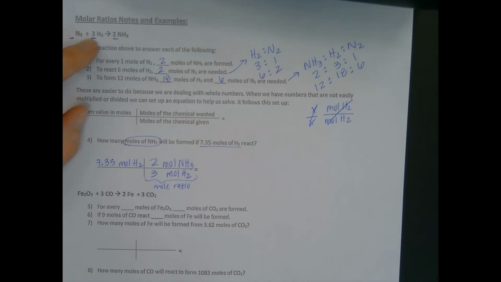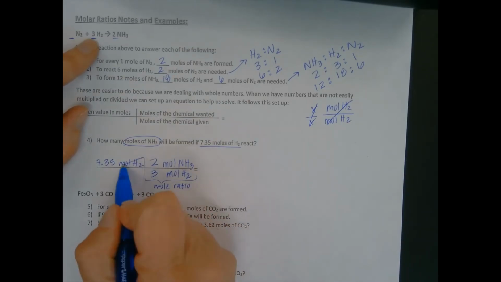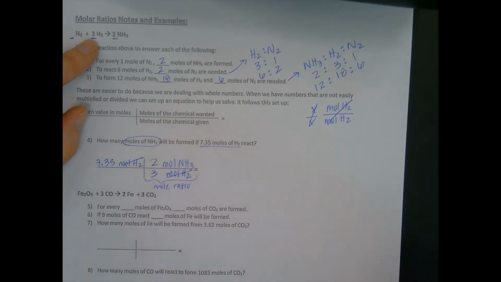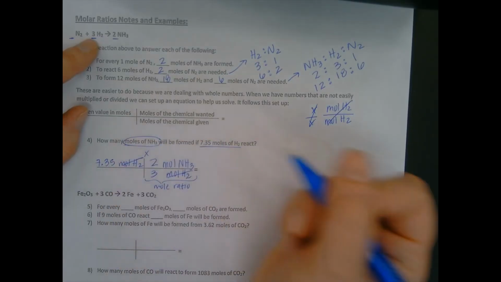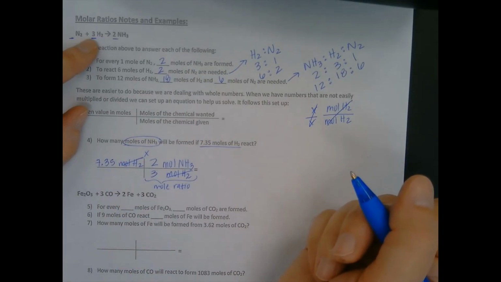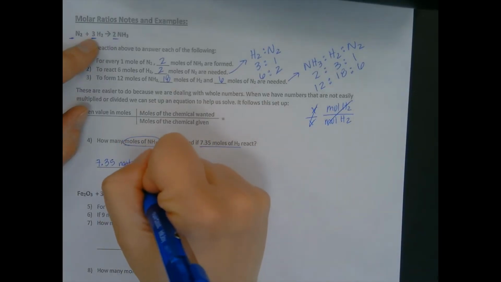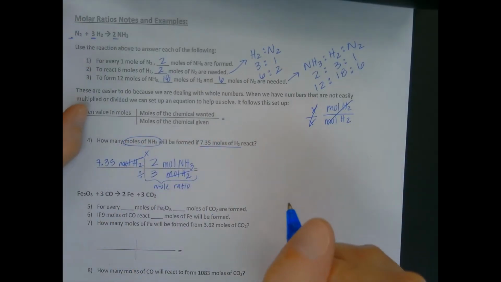Okay, now we're ready to solve. Moles of H2 cancel, because one's on the numerator, one's on the denominator. And just like in math, we're going to multiply across the top with our numerators, and we're going to divide out 3 as our denominator.